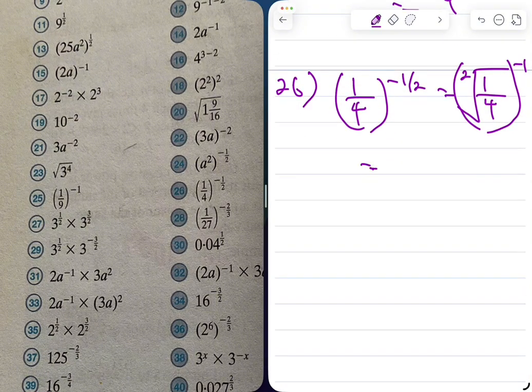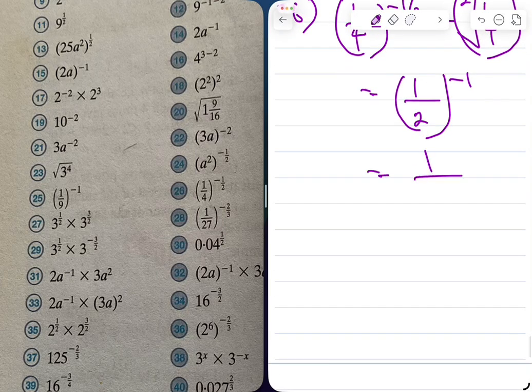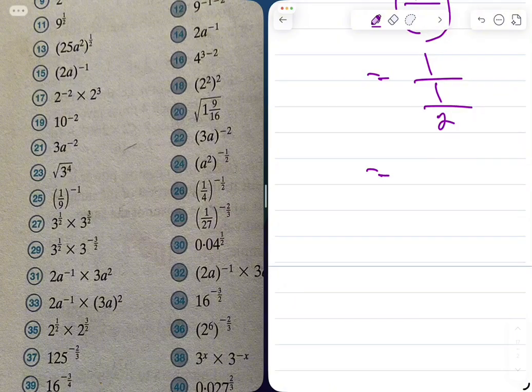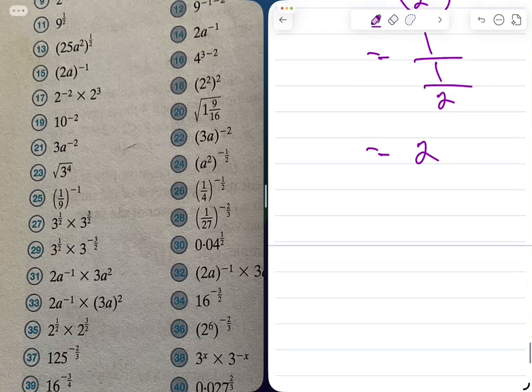The square root of 1 over 4 means the square root of 1, the square root of 4, 2, and that's 1 over 2 raised to power minus 1, which simply means 1 divided by 1 over 2, and that is the same as 1 times 2 over 1, which is 2.